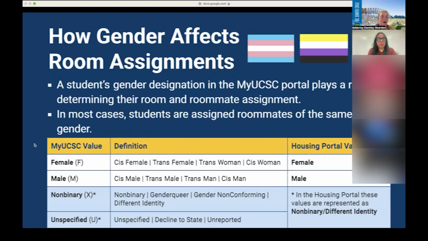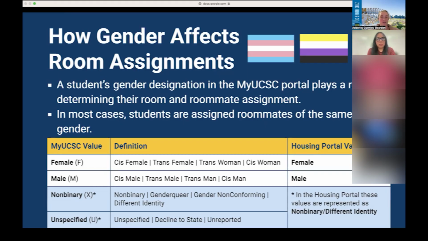So how gender is going to affect room assignments. A student's gender as they've listed through the student housing portal is how we work off of the wait list. It also is how it's going to impact room selection as well. So in most cases, let's say if a housing coordinator is working off the wait list, students are going to be assigned to roommates of the same gender.